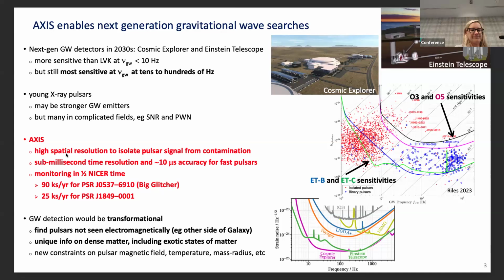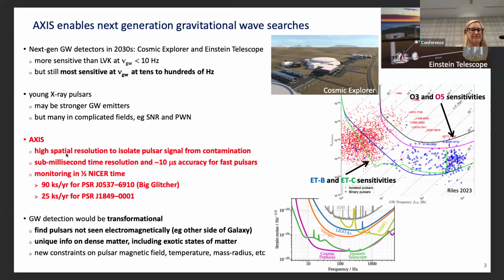In terms of monitoring, I've made the comparison with NICER, which is what we're using to time them. For each of the sources, I took their spectral properties, put them into PIMMS, calculated the count rate for NICER versus AXIS, and we can monitor them in about half the time that NICER does.